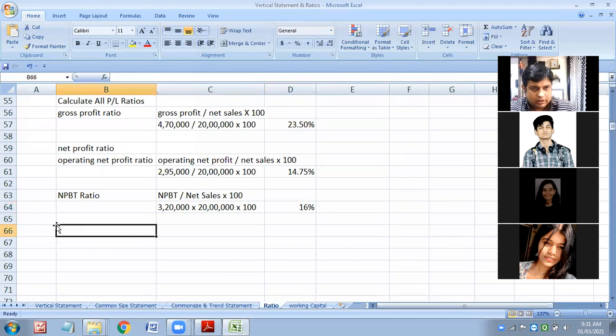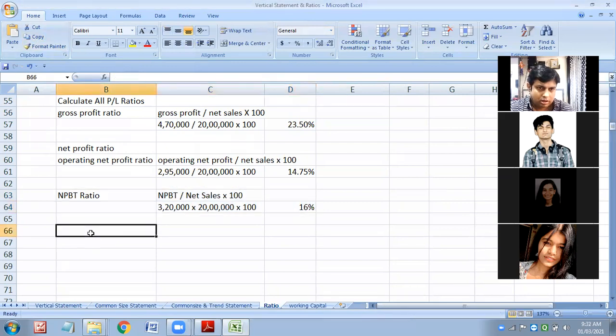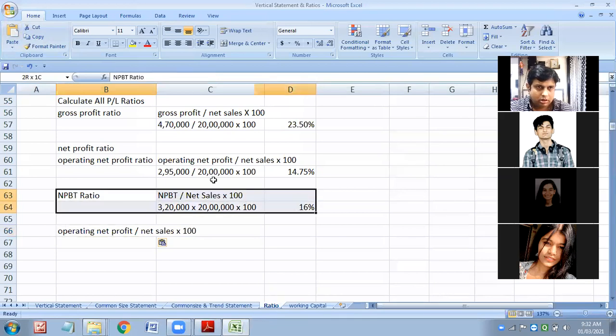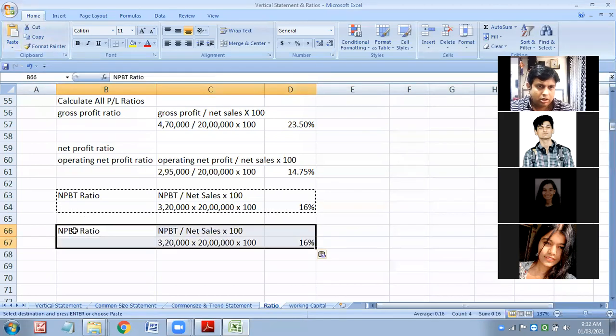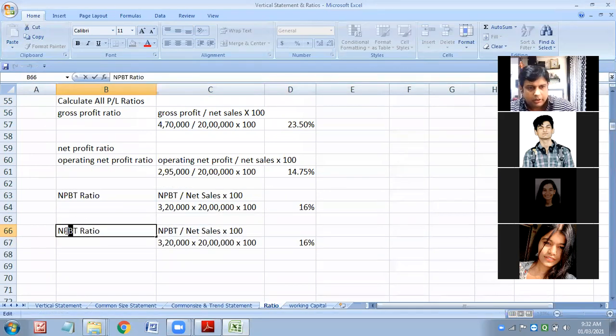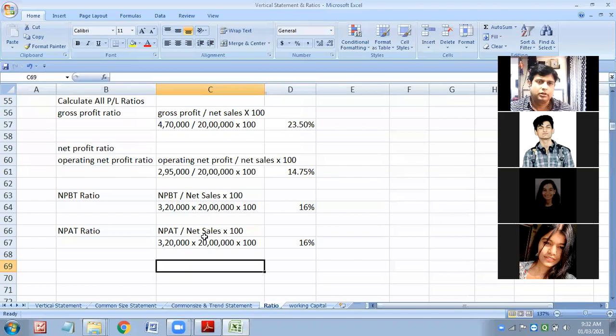Next one is, in place of NPBT, what will come? NPAT. Yes, NPAT.